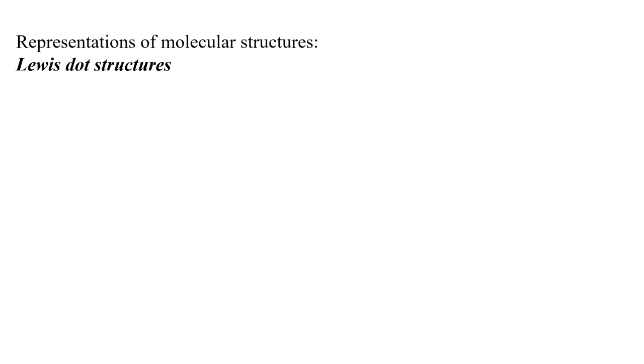So let's look at some Lewis dot structures for different molecules. The first one we're going to put up is the first organic molecule we'll look at when we get to organic chemistry. That is methane gas. Its chemical formula is CH4. And we know that the carbon atom sits in the center, and there are 4 hydrogen atoms around it.